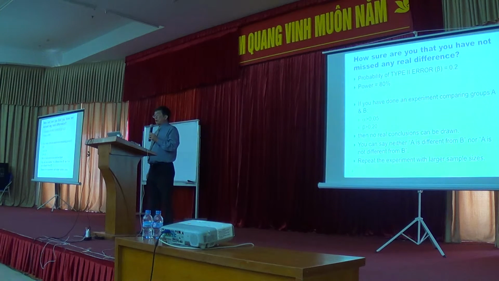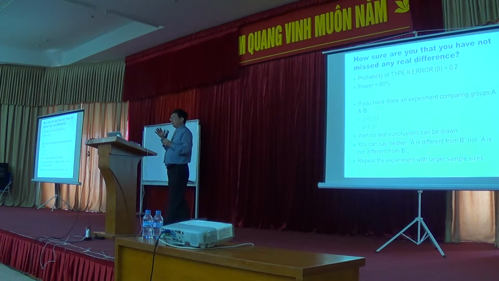So how sure are you that you have not missed any real differences? That's what beta comes in. Okay, so if your test telling you that there's no difference, but in fact there's a difference, that you have missed, your test have missed finding the real difference. What is the probability of that happening?